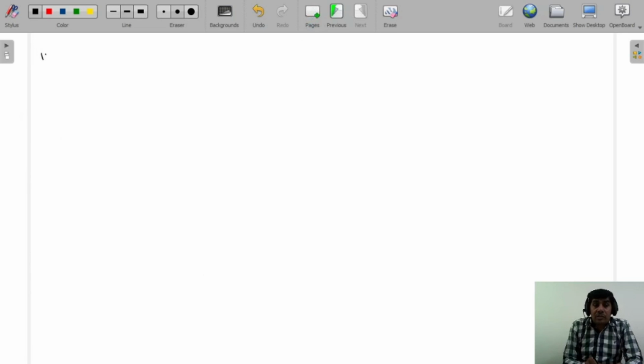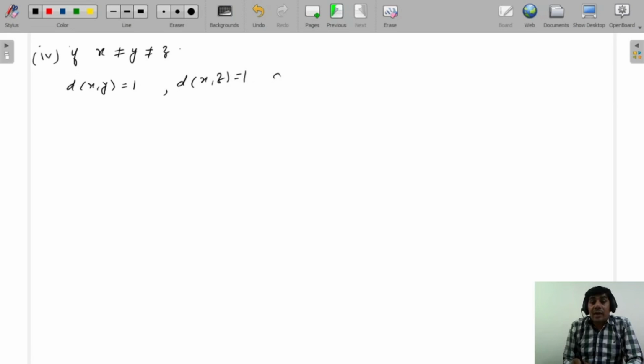Fourth subcase, if x does not equal y does not equal z, that means all the three elements are distinct. Therefore, distance between x and y is equal to 1. Distance between x and z is also 1, and distance between z and y is 1.